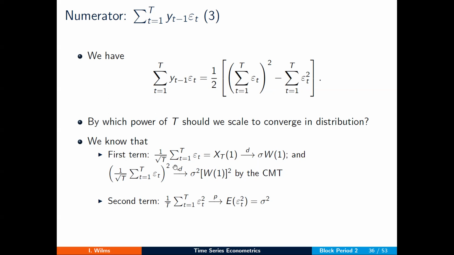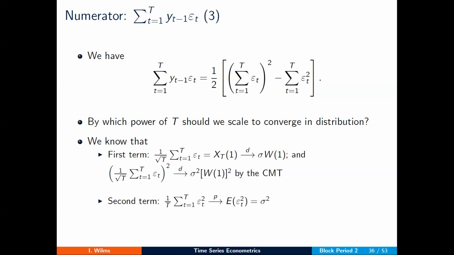And then we indeed sum up all of the observations, for r equal to 1, or we sum up all observations up until time point capital T. And we know that this guy goes to a standard Brownian motion W(1) scaled by a factor sigma.